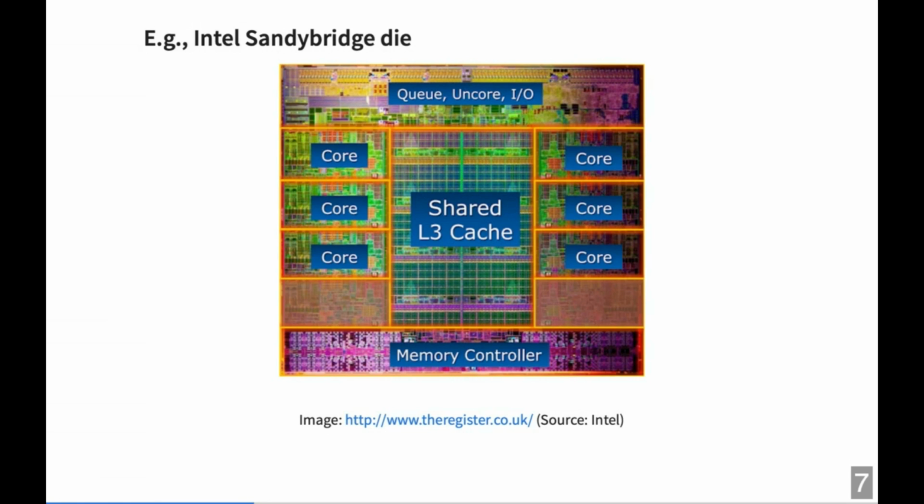But as I say, the point to take away, in the middle here we have this huge area devoted to cache memory and memory controllers. So that's just a picture in sheer physical real estate, the amount of effort that is going into cache memory and getting around this memory latency issue.